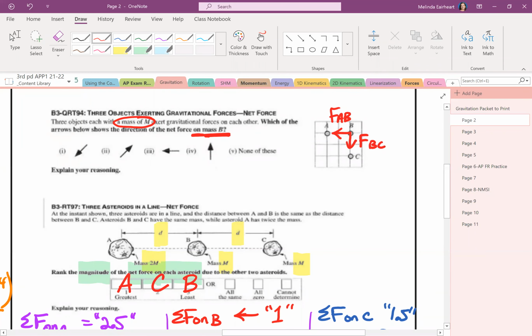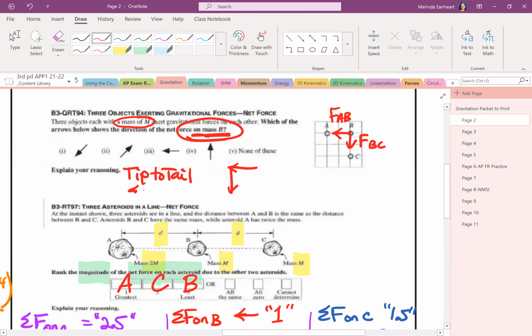Now, yes, we could go ahead and put these same forces on A and C, but to answer the question that they're asking, I only care about the diagram of B. And so what is our final answer? Well, let's go back to basic vectors, y'all. A little bit of review of vectors. How do we add arrows? Tip to tail. So just a reminder, tip to tail. And so we have that left, we have that down.